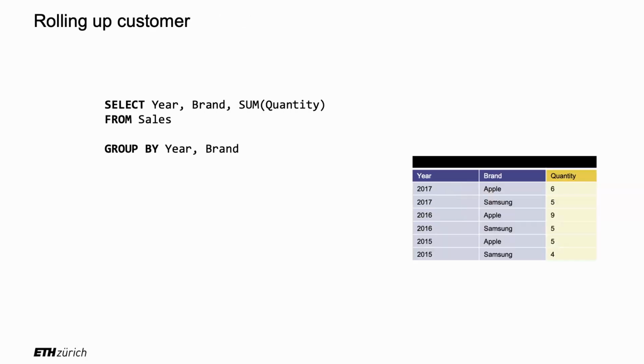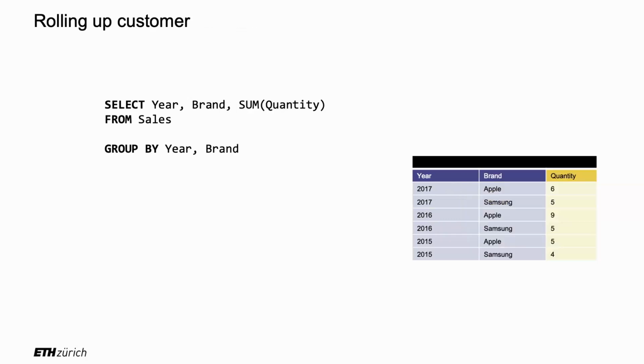I can roll up even more and also aggregate the brands, right? Then I only have the year left as a dicer, right? Did you see what's happening here? If I want to roll up, I need to remove from the group by, not add, remove. Everything that is in the group by is what you do not want to completely roll up.